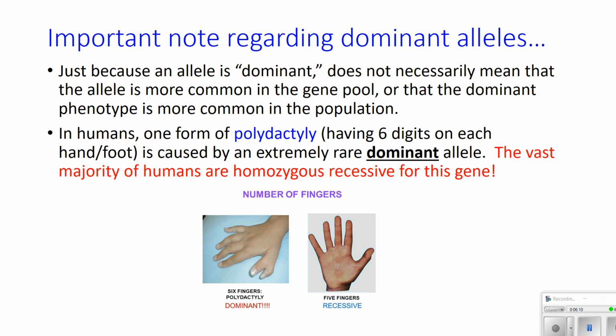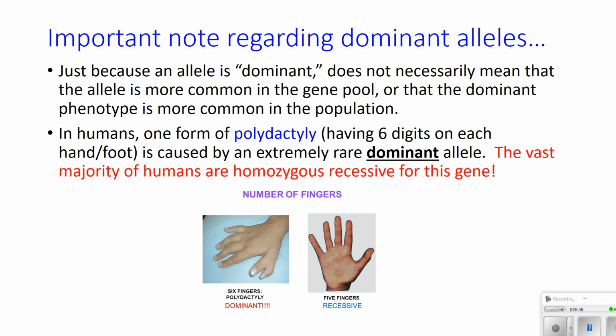All right. I wanted to make this point that your textbook author made, and I thought it was worth bringing to your attention. I think most people just assume that if we identify an allele as being a dominant allele, that automatically means it's more common, that dominant phenotypes happen more often and we're less likely to see recessive phenotypes.